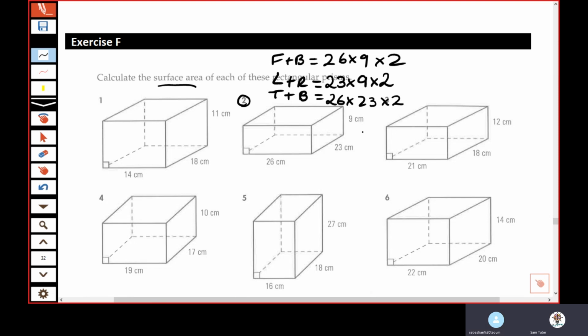Oh, but I've already used 23. You've used 23, but you haven't used it with 9, or with 26. I haven't used it with 26 because I'm doing top and bottom now. Yeah, correct. Top and bottom becomes 23 times 26.